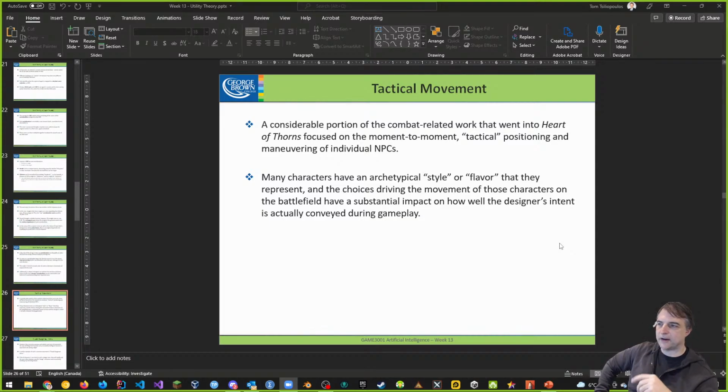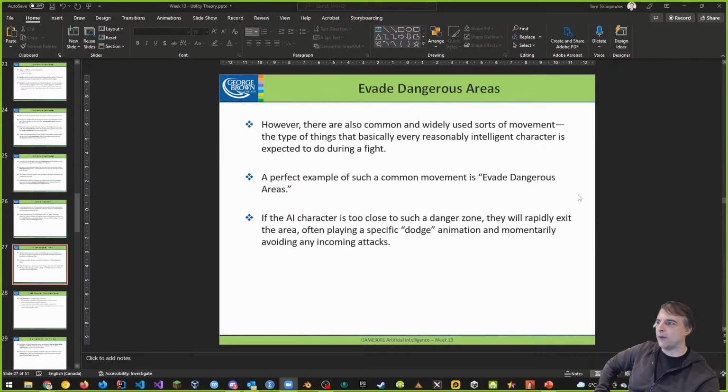Many characters have an archetypal style or flavor that they represent, and the choices driving the movement of those characters on the battlefield have a substantial impact on how well the designer's intent is conveyed during gameplay. However, there are also common and widely used sorts of movement, the type of things that basically every reasonable, intelligent character is expected to do during a fight. A perfect example of such a common movement is evade dangerous areas.